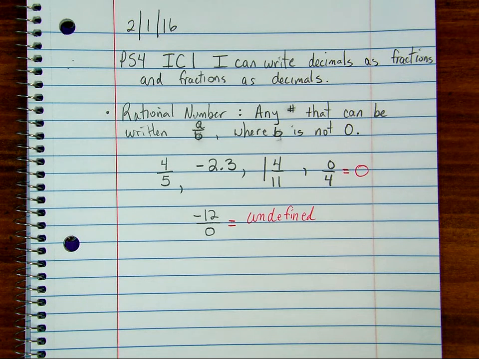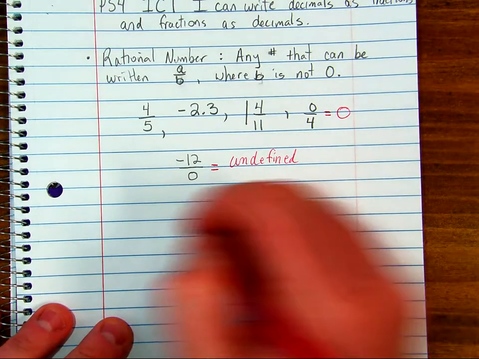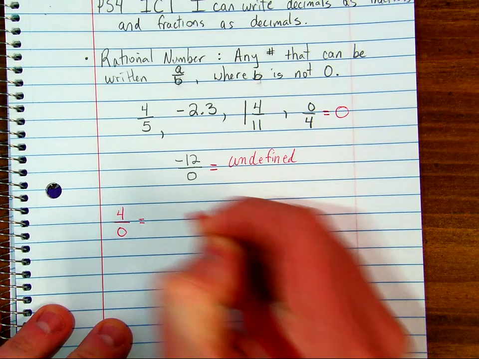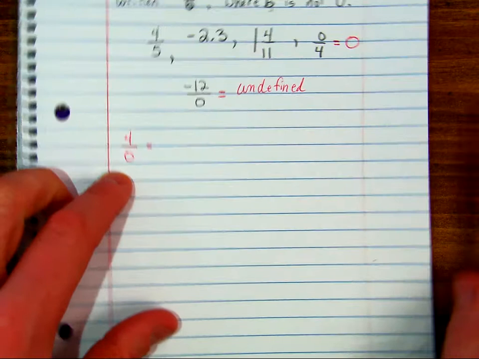Let me show you in a real life example why this takes place. So let's use 4 divided by 0. What 4 divided by 0 means is this.